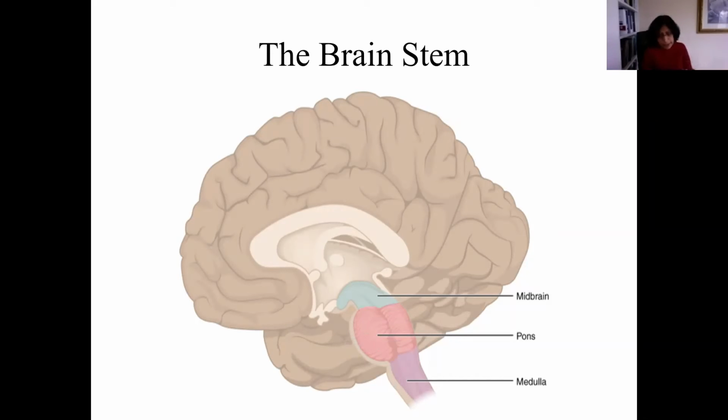Cranial nerve 6, abducens, is again dealing with eye movement, supplies the extrinsic eye muscles. 7 is facial, deals with taste, and it has both sensory and motor functions.